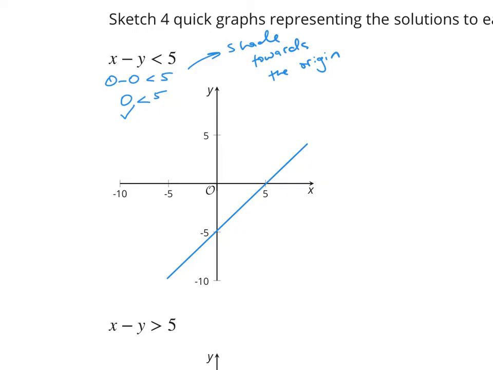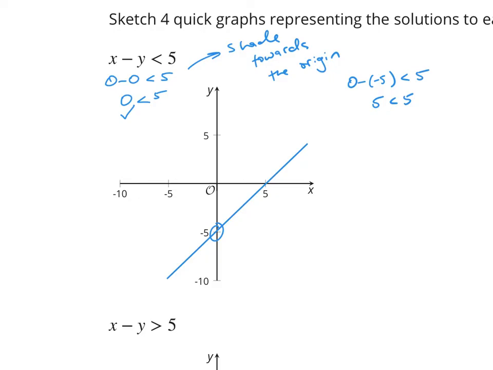Now before I actually shade, I still need to determine if I'm going to have a solid line or a dashed line. So I am now going to choose an ordered pair that falls on the line, and let's just use 0, negative 5. So I'm going to use this point right here. When I do, I have 0 minus negative 5. I am checking to see if that is less than 5. 0 minus negative 5 is also 0 plus 5. So 5 is not less than 5.